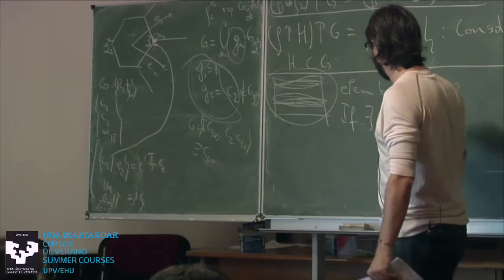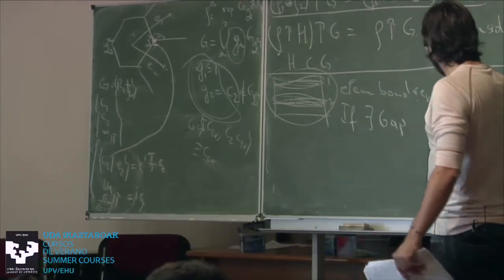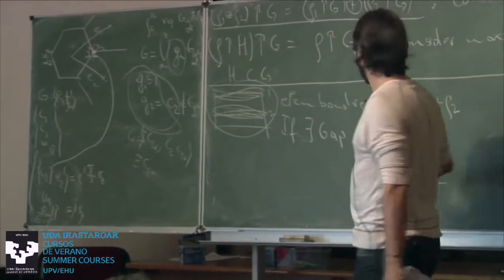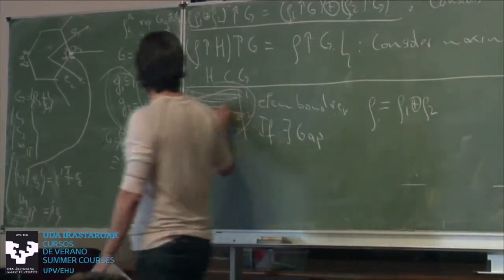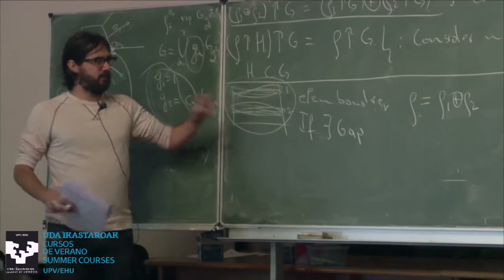So if there's a gap, and this is 1 plus 2, then this means that my elementary band representation is rho 1 plus rho 2, which is a representation of these bands plus a representation of these bands.